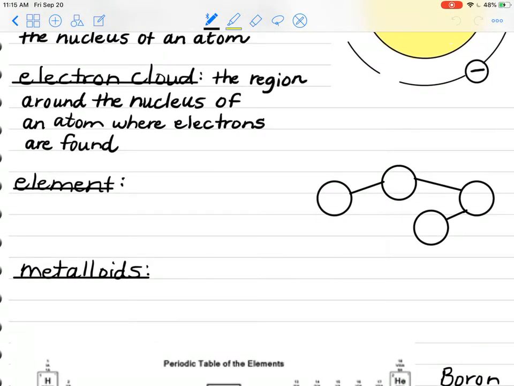So, okay, an element. What is the definition of an element? An element is a pure substance. And by pure, that means it's not mixed with anything. It is a pure substance with only one type of atom.